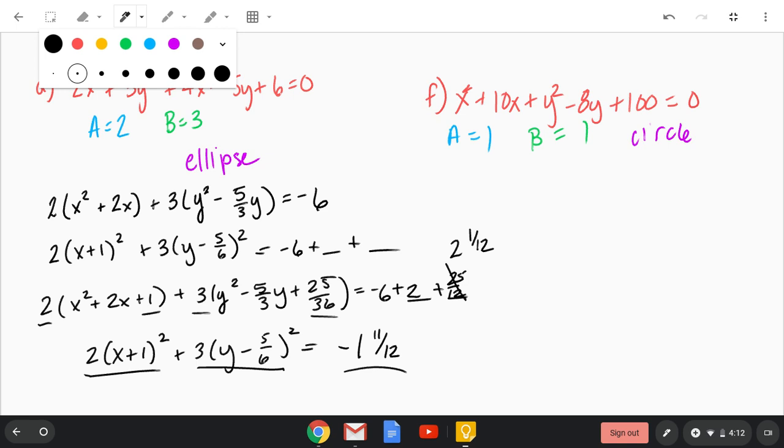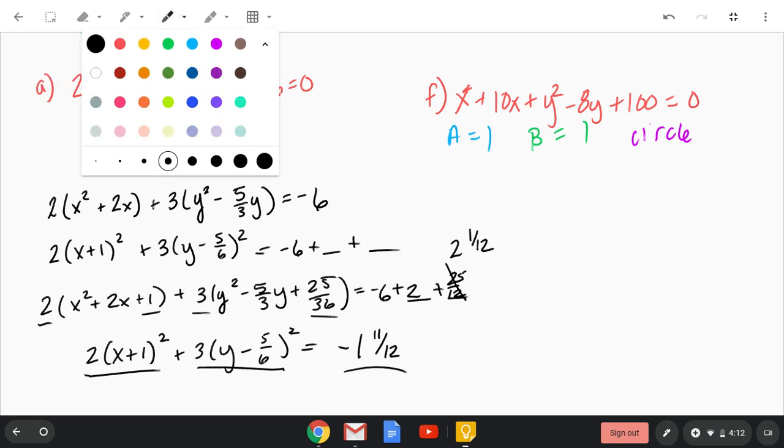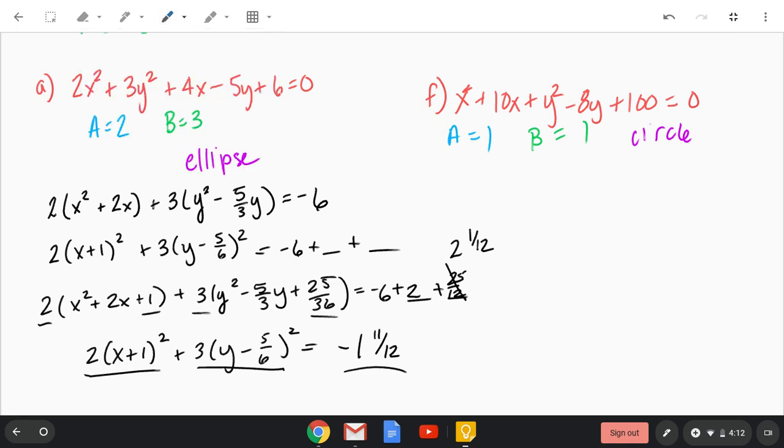We'll do dark blue. Over here, we've got x squared plus 10x, so that'd be x plus 5 squared, y minus 4 squared equals negative 100 plus whatever we added on.